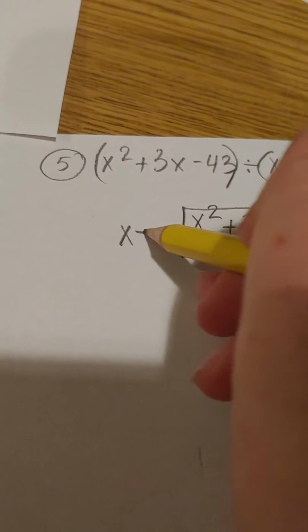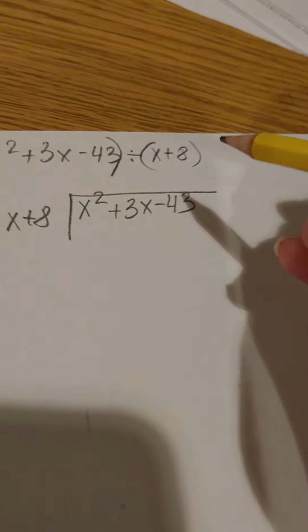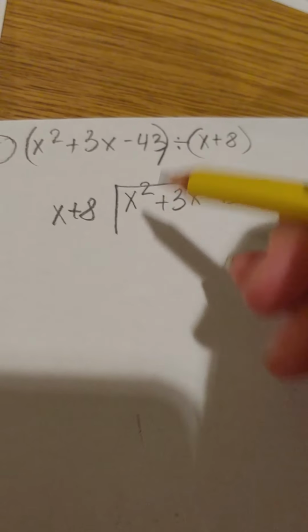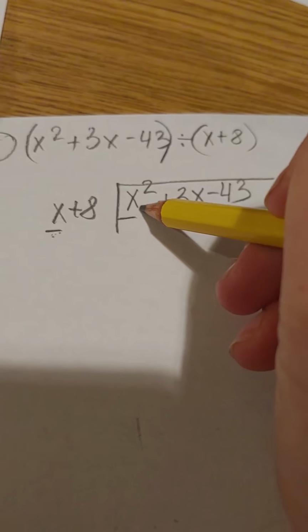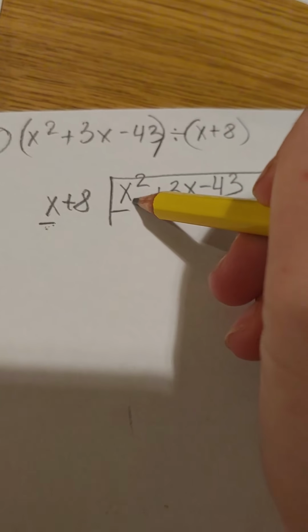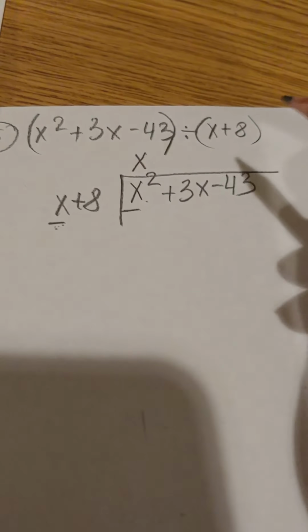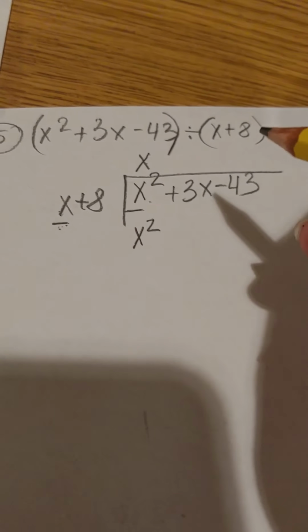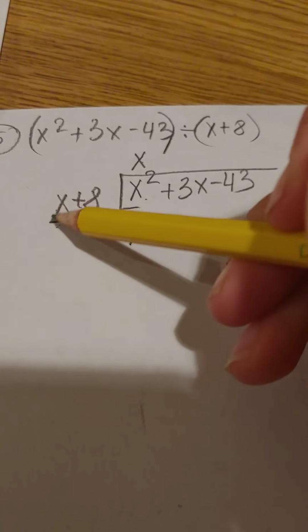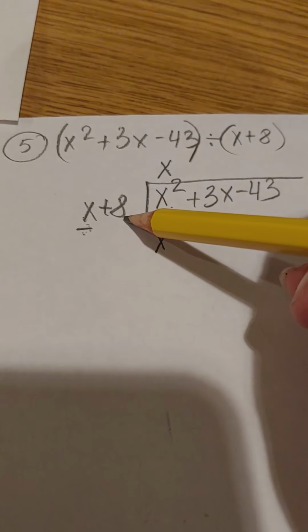So I'm dividing this by x plus 8. The first thing I'm going to look at is x and x squared. X times what would give me x squared? X times x is x squared. That's what I'm going to put down. But I didn't have just x here, I also had positive 8.